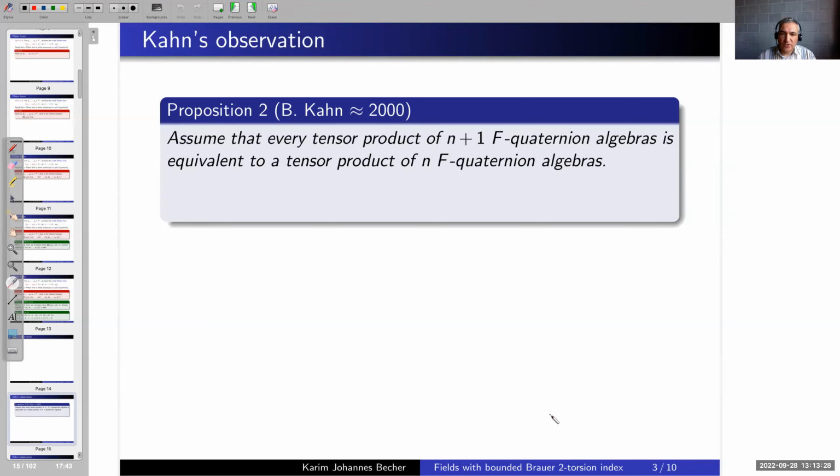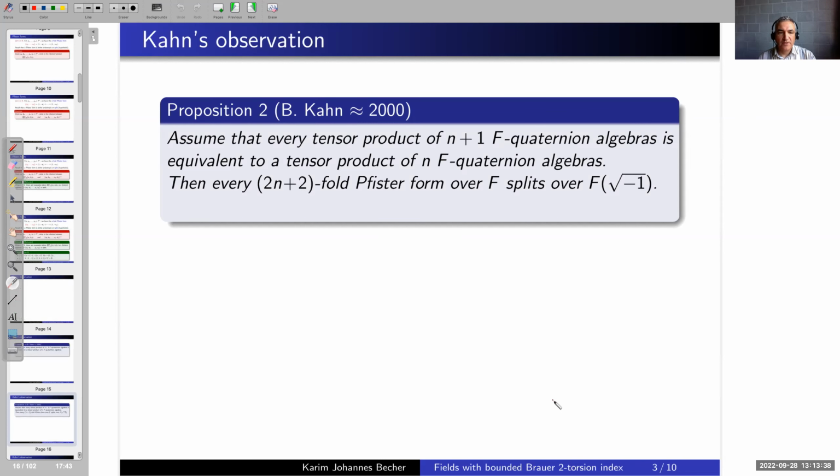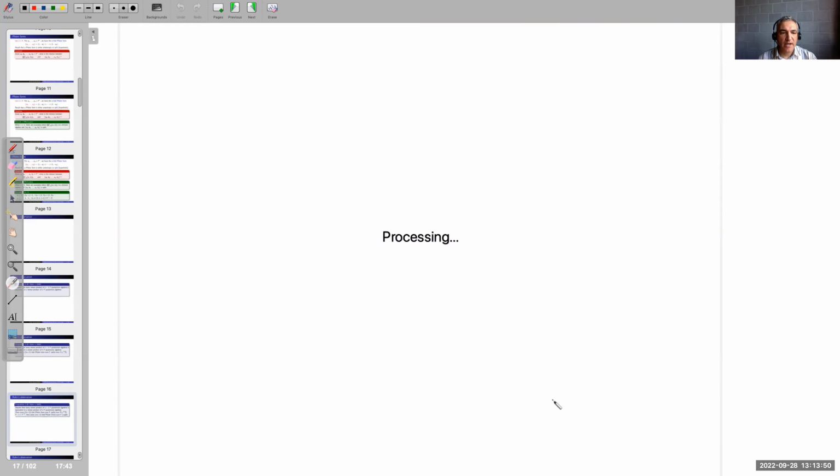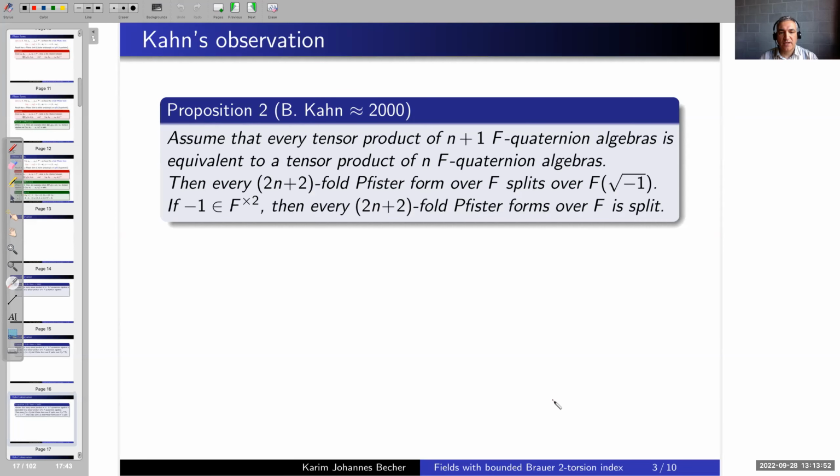So if you can shorten a tensor product of n+1 quaternion algebras to a tensor product of n quaternion algebras, then every 2n+2-fold Pfister form will split after adjoining the square root of -1. And so in particular, if -1 is already a square, then every 2n+2-fold Pfister form over F is split.